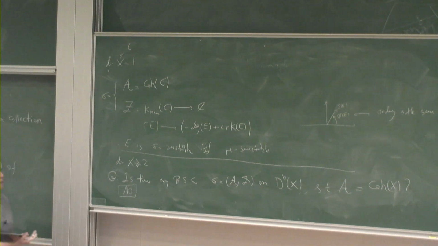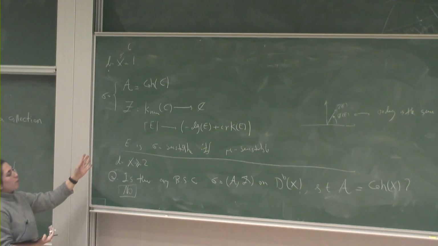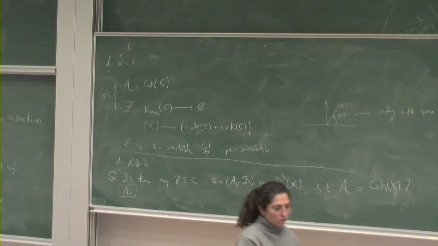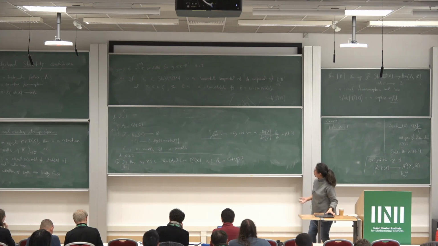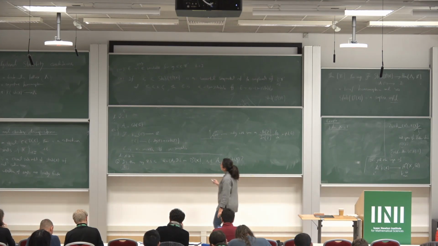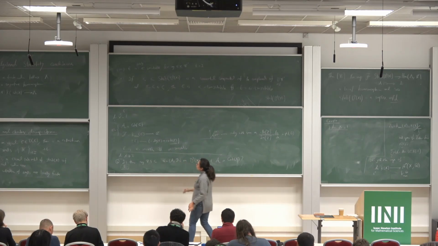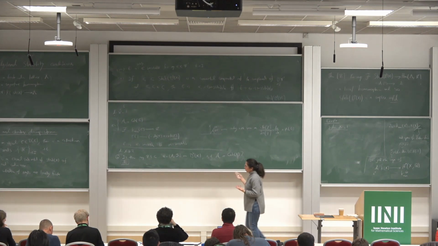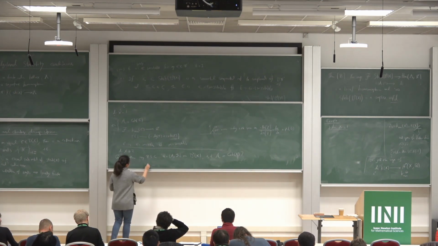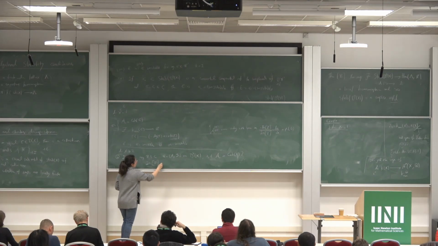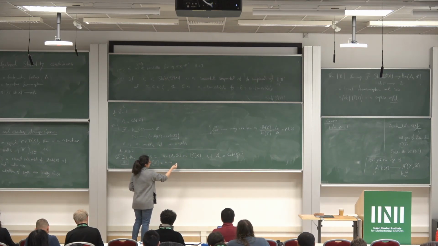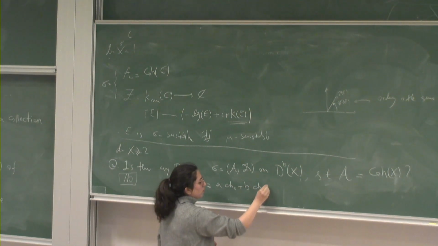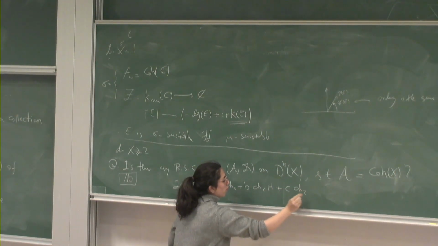We cannot construct any stability condition so that the positivity property is satisfied. It's a very easy exercise, because the first problem is the positivity property that I want for the objects in the category of coherent sheaves. For instance, when the dimension of X is equal to 2, the imaginary part of my function is just a linear map of ch_0, ch_1, for instance when the Picard rank is 1, it's easier to see, and ch_2.